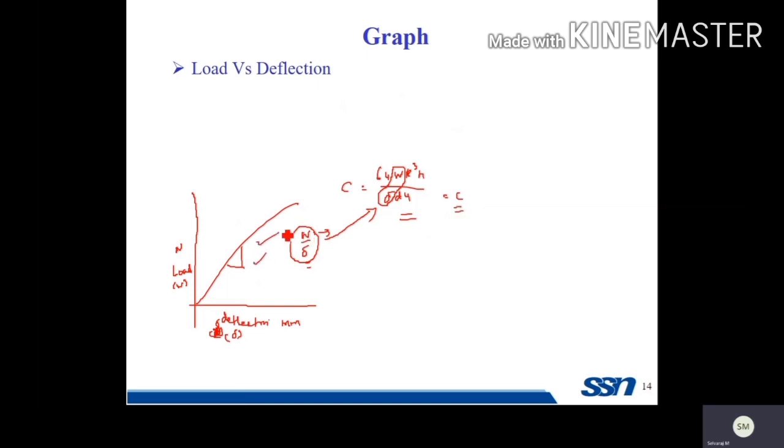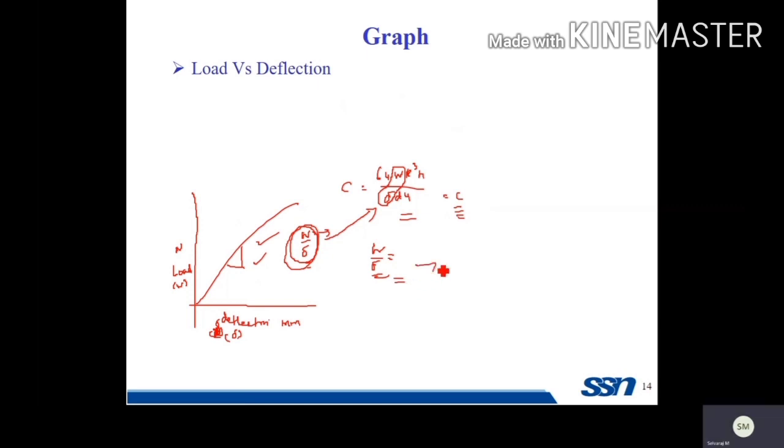And you can also find the stiffness value. What is stiffness? W by delta is the stiffness. This value itself is the stiffness. So from the graph, you can find the value of modulus of rigidity as well as stiffness. This must be compared with the value calculated from the equation.